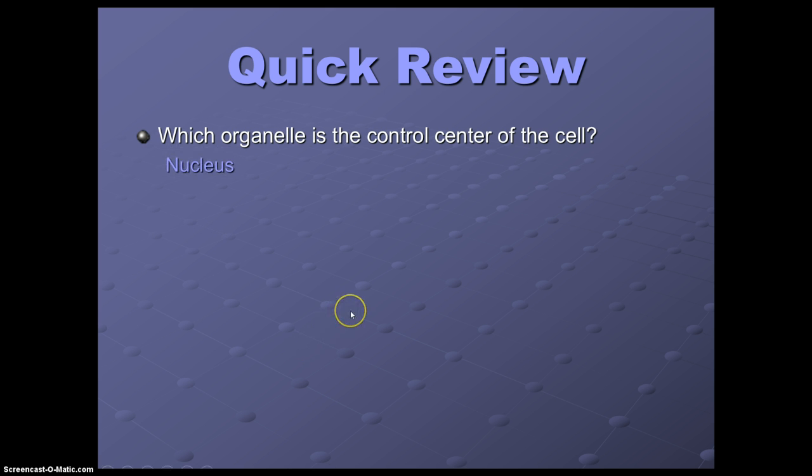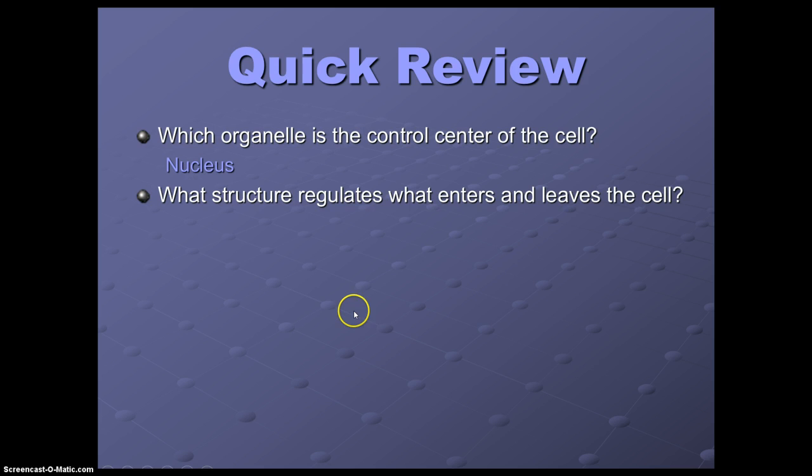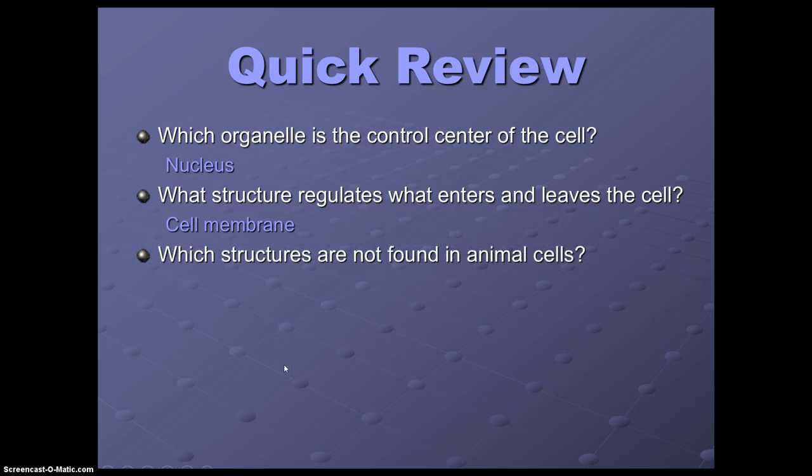Alright, let's do a quick review before you finish the rest of this packet on your own. So, which organelle is the control center of the cell? Tell your neighbor. Nucleus. Alright. What structure regulates what enters and leaves the cell? Cell membrane. Alright, tell your neighbor which structures are not found in animal cells.